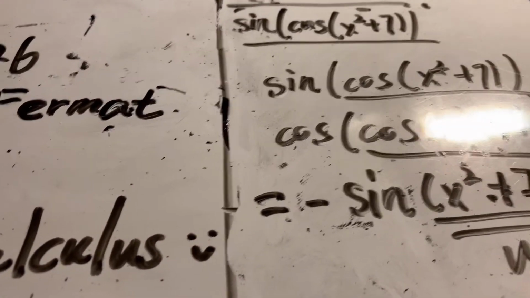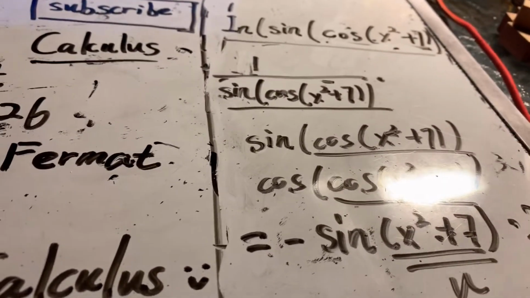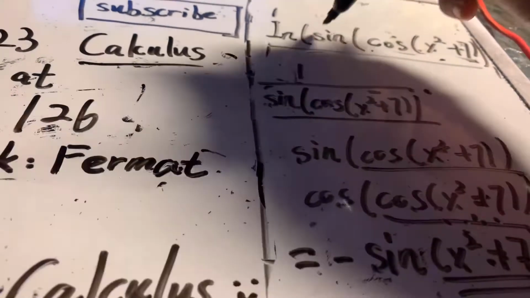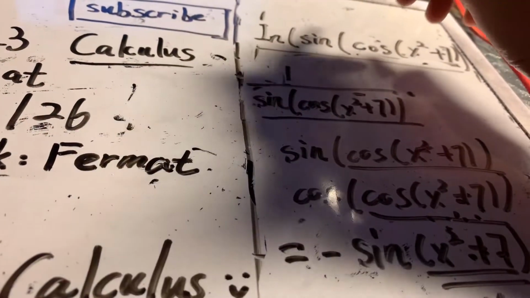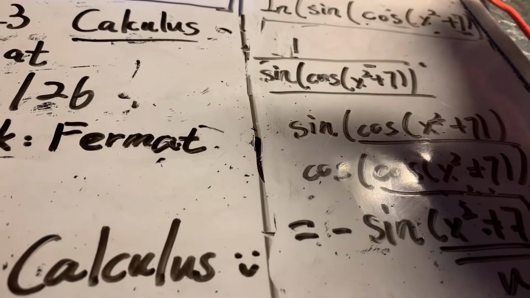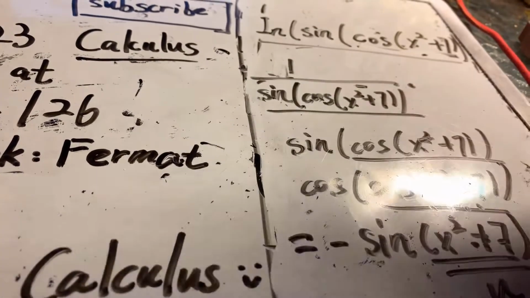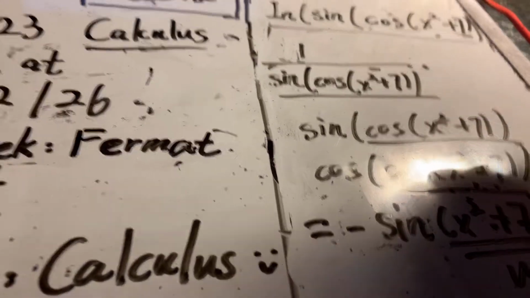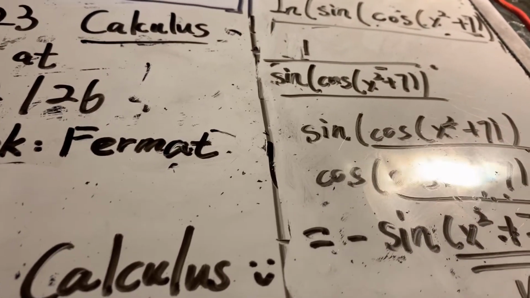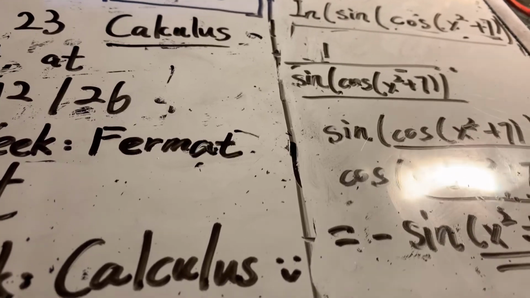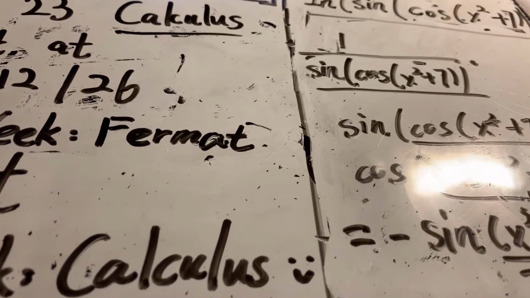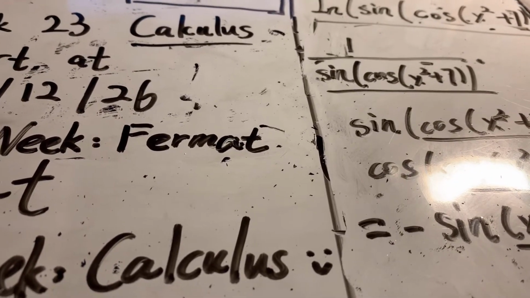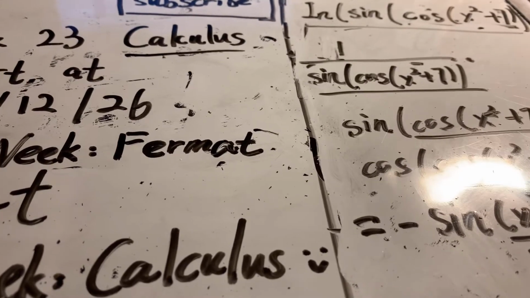It will be a pretty long derivative, right? Using the chain rule, if it's a complex one, you need to use substitution: substitute some complex part as a certain letter, and then calculate the derivative of that part.